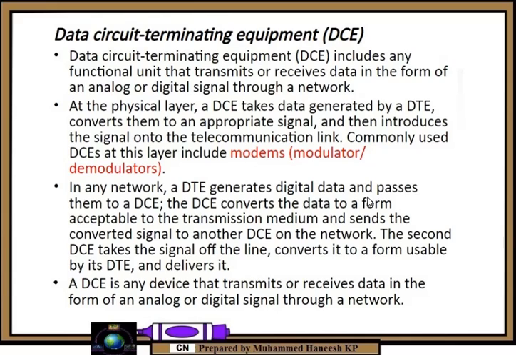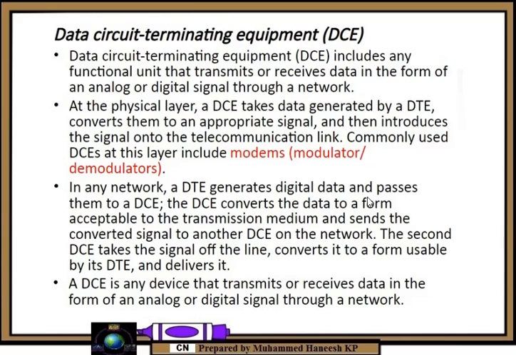Generally, the DCE we use at this layer involves modems, that is modulator or demodulator. In a network, a DTE produces digital data and moves it to a DCE. Then the DCE translates the data into a specific form that can be accepted by the transmission medium and sends the translated signal to another DCE on the network.